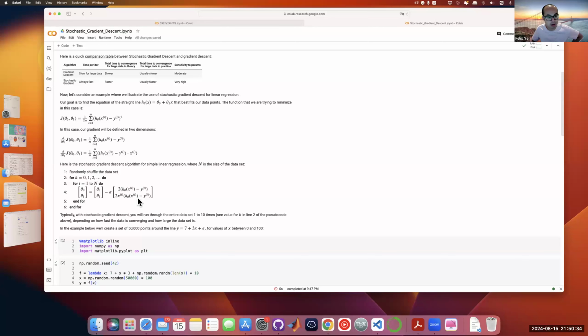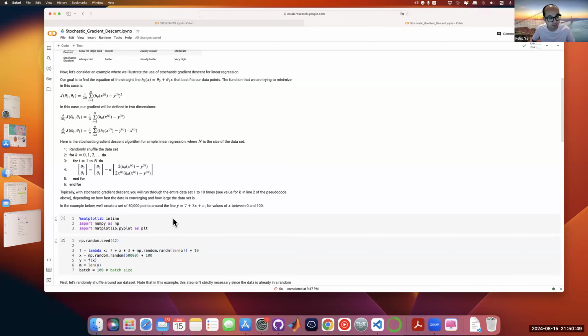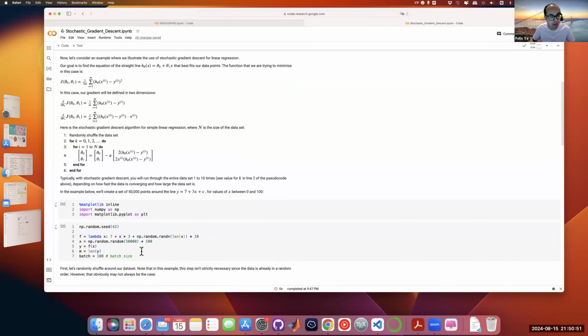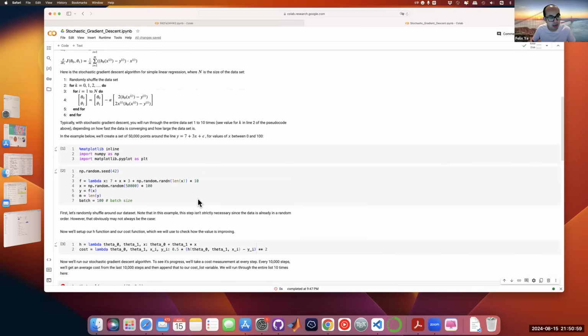With this stochastic gradient descent, you will run through the whole data set 1 to 10 times, depending on how you choose K, how fast the data is converging, and how large your data is. In this sample we have 50,000 data points, and since this is like a straight line, it will be really quick to converge.